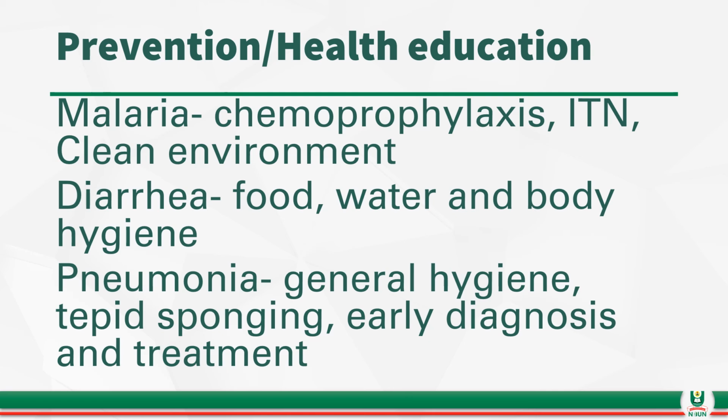And then when babies run a temperature, they should be told about tepid sponging, the use of warm water, or what we call lukewarm water, in sponging the baby and not cold water like most people do.